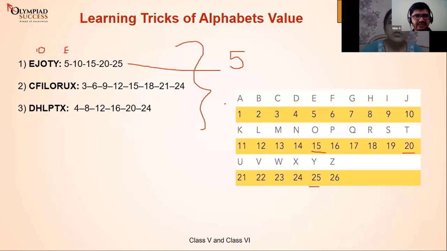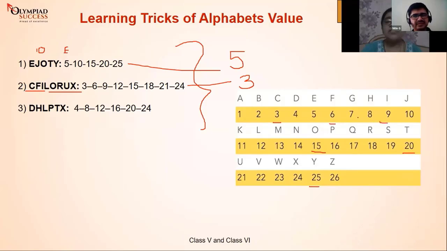Moving next, we also have a thing to remember the place value of all those alphabets which are a multiple of 3. And the method of learning it is CFILORUX. Starting from 3, I have C. Next, I have F, which is 6. Then I have an I, which is 9.